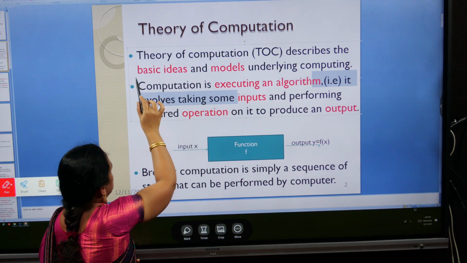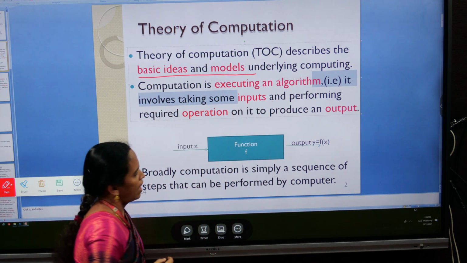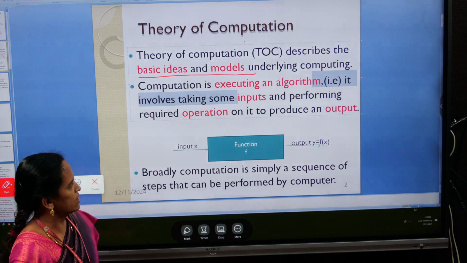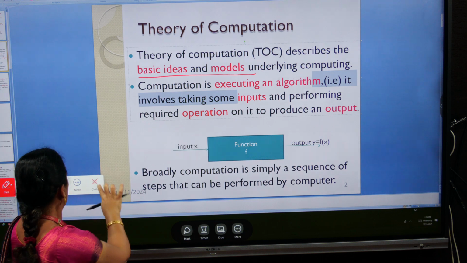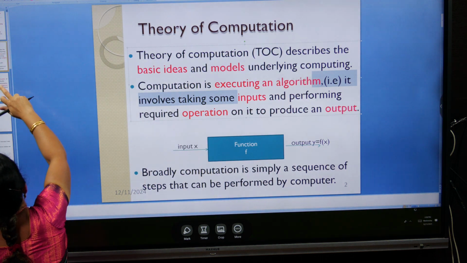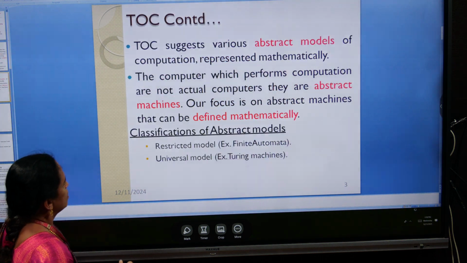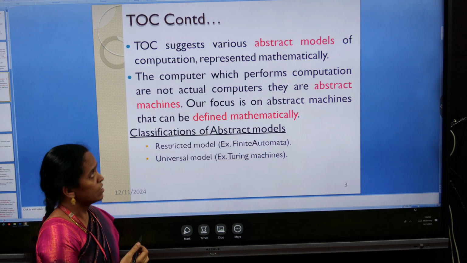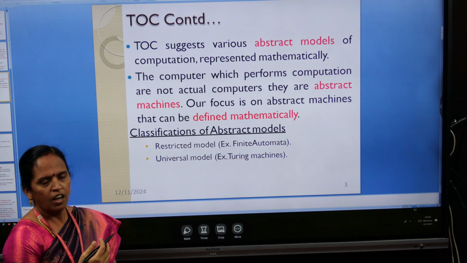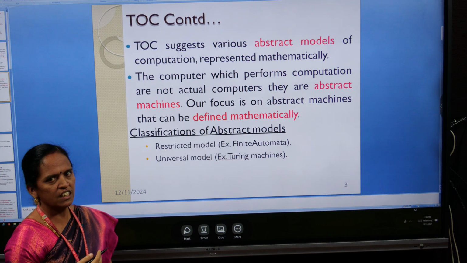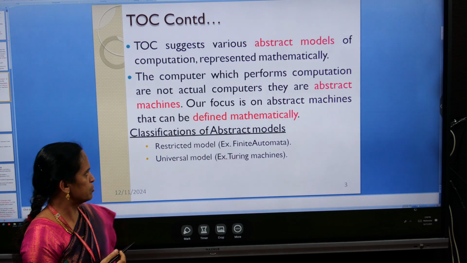The theory of computation provides various basic ideas and models for the computation purpose.